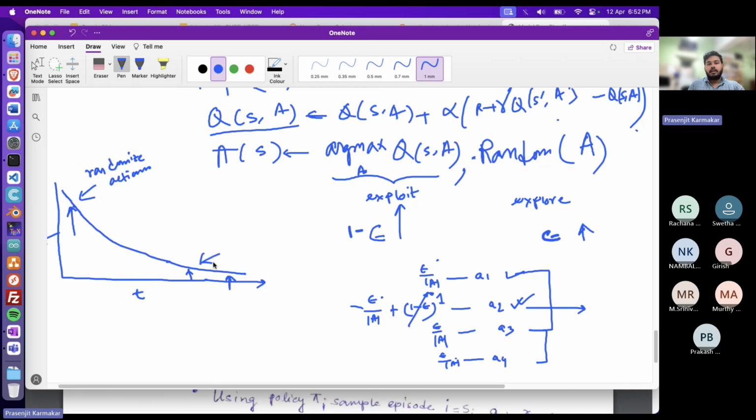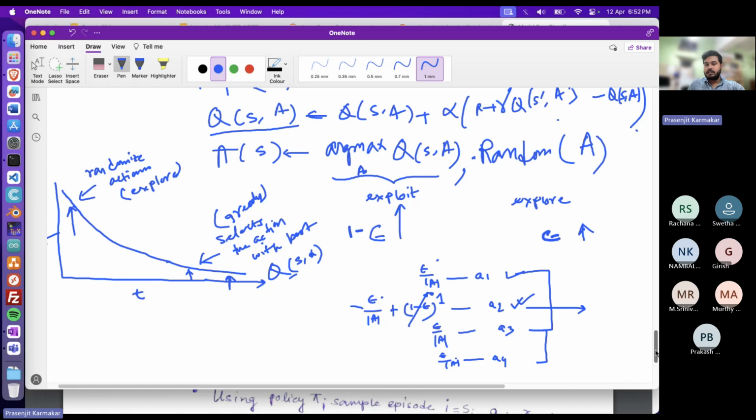Here it selects the action with the best Q(s,a). So basically the best action, or greedy action. Here we can say greedy, and there it's basically random. So explore.